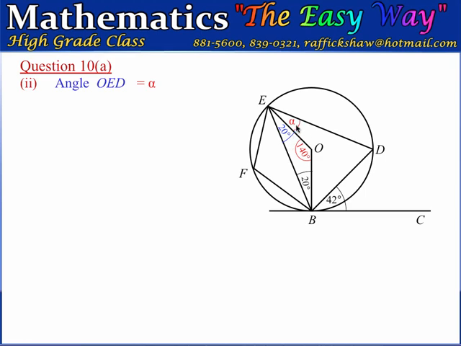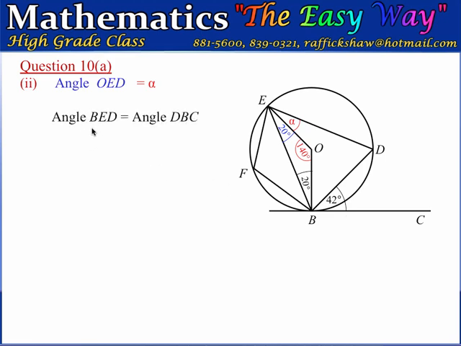The angle between these two sides is subtended by this chord, and this chord is making an angle of 42 degrees with the tangent. We know that the angle between a tangent and a chord is equal to the angle subtended by the chord at the circumference in the alternate segment of the circle. Therefore, alpha plus 20 degrees will be equal to the 42 degrees right here.